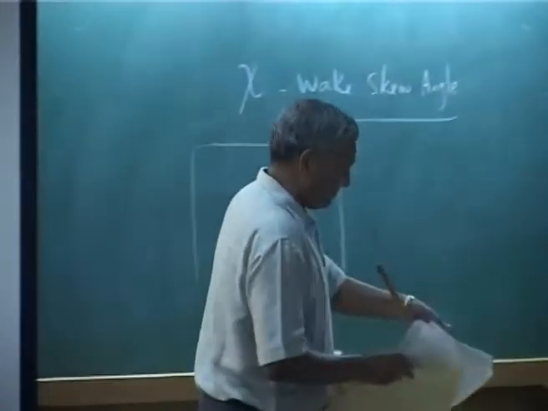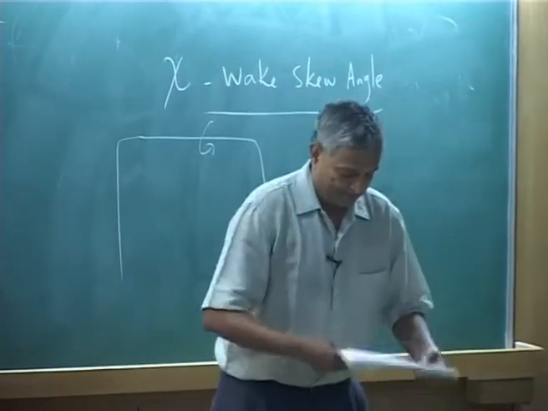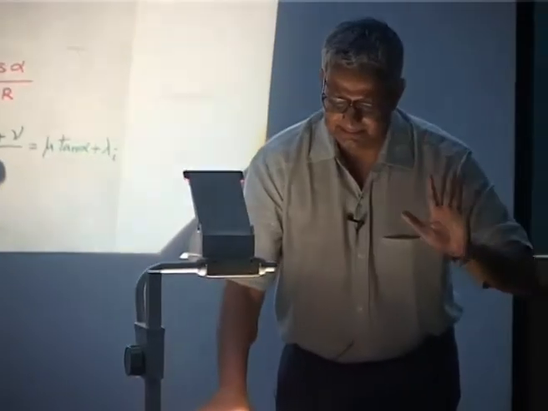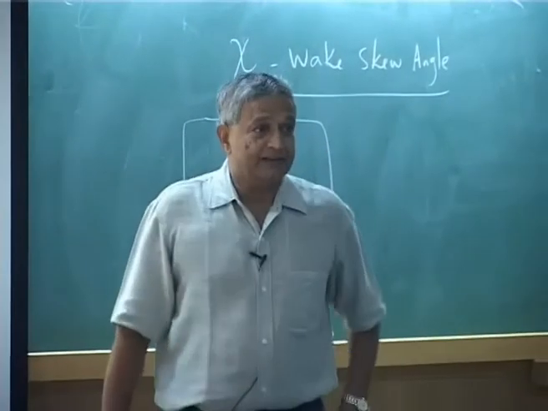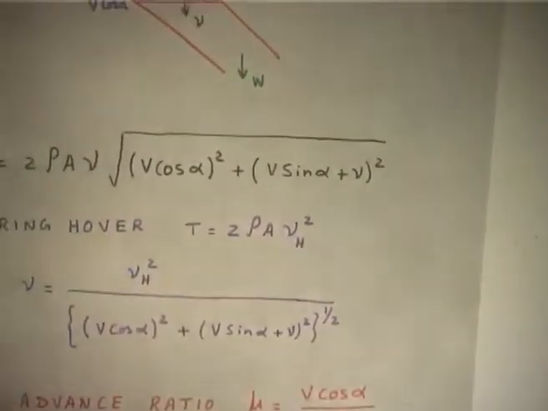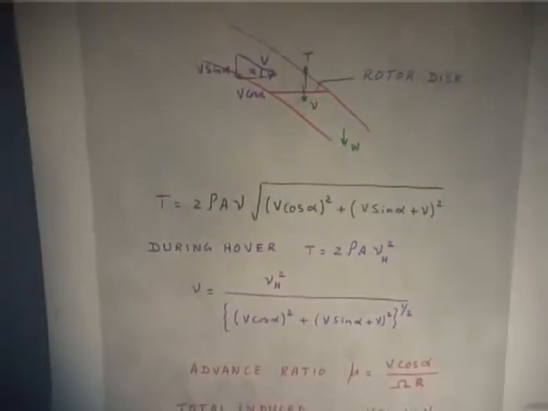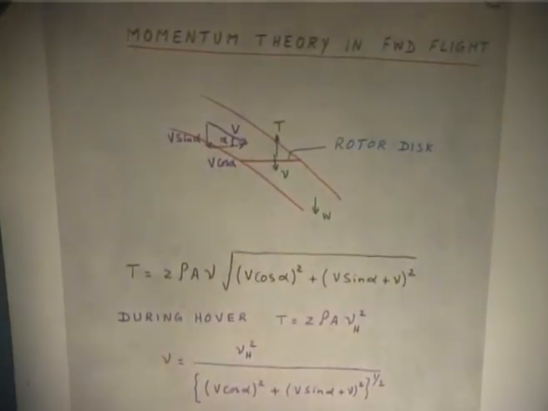Okay. Because forward flight is a highly complex problem. Very simple. I want to get the inflow at the rotor. I have a very complex flow, but I am going to say, hey, let us not worry about those things.